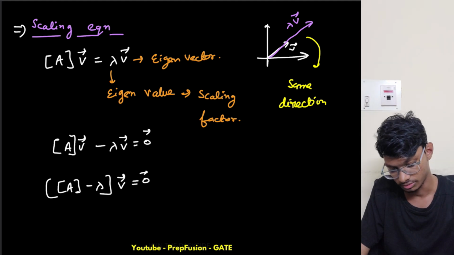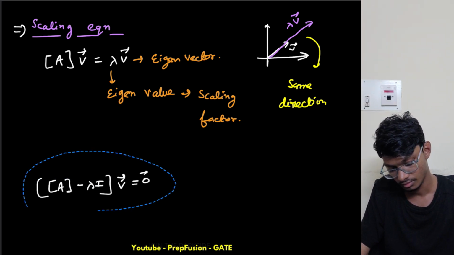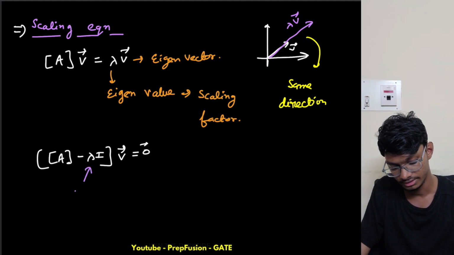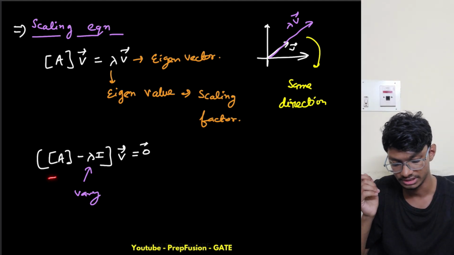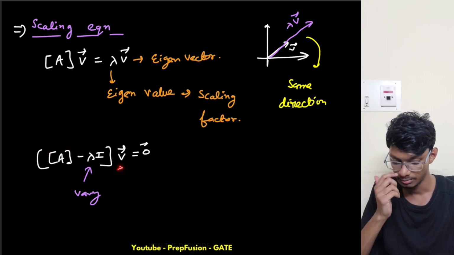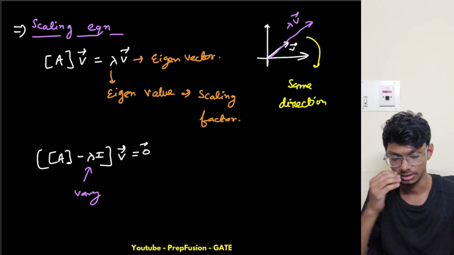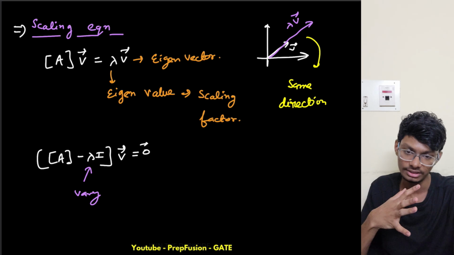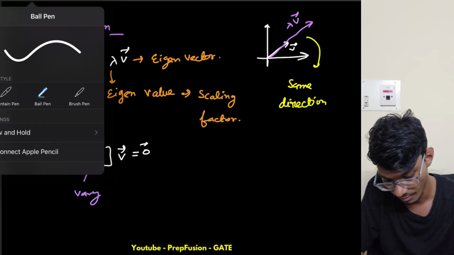Sorry, there is lambda I also, not just simple lambda. So (A minus lambda I) times the v vector equals 0, the null vector. I will vary this lambda, and for some lambda my equation will be satisfied, so that A minus lambda I multiplied with this v vector gives the null vector. After finding the lambda, I'll put it back into the characteristic equation, which is this one.